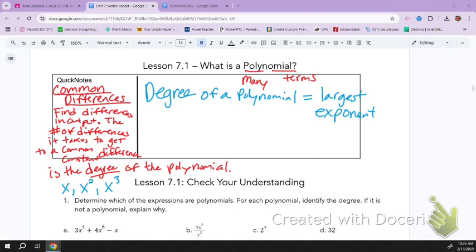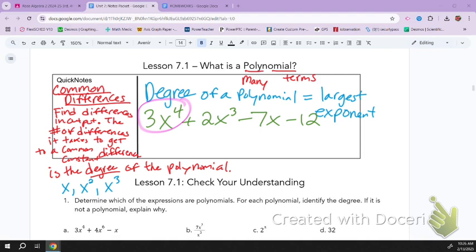So, for example, here's a polynomial. 3x to the fourth plus 2x cubed minus 7x minus 12. That's a polynomial because 3x to the fourth has the highest exponent.